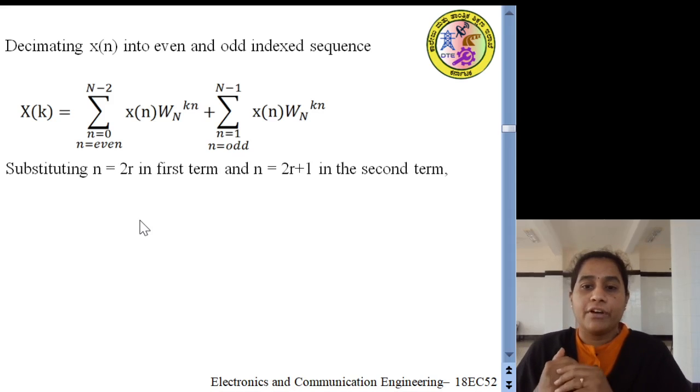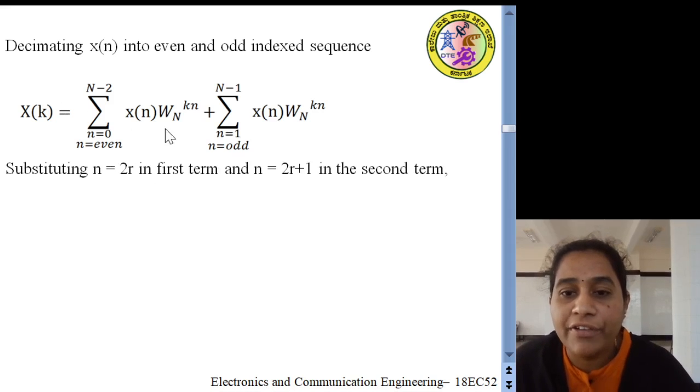If we substitute n equal to 2r in the first term, and in the second term let us substitute n equal to 2r plus 1.